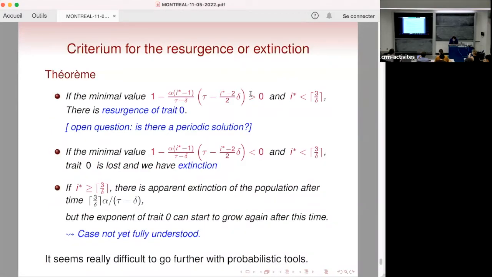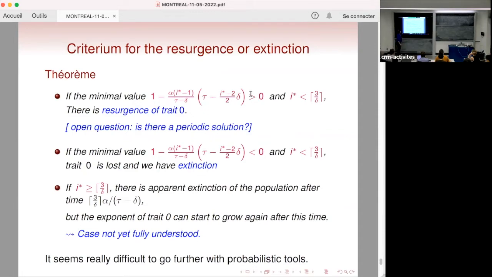And so what we can prove is that if the minimal value of beta 0 at these times, which correspond to changes of slope, is positive, and if the trait is such that the growth rate is positive, then one can observe the resurgence of 0. That means beta 0 will take a positive slope and increase.